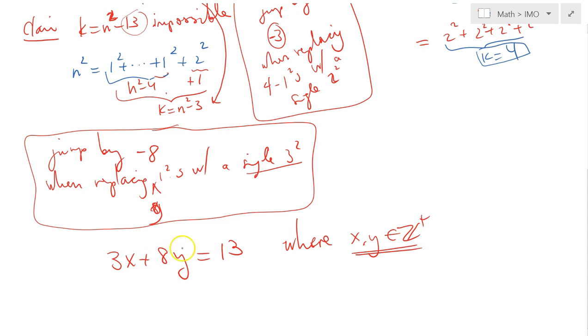Obviously if I introduce negative numbers, of course it is possible to get a 13, because the greatest common divisor of 3 and 8 is 1, and I can reach anything. Any multiple of 1 is reachable, but not when you are restricted to just positive numbers.